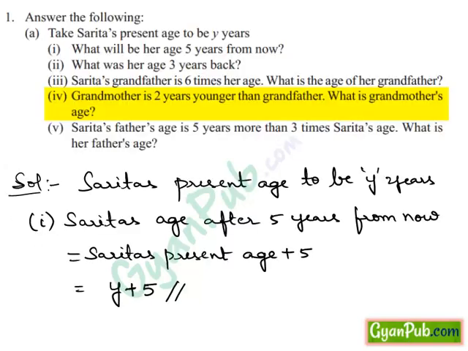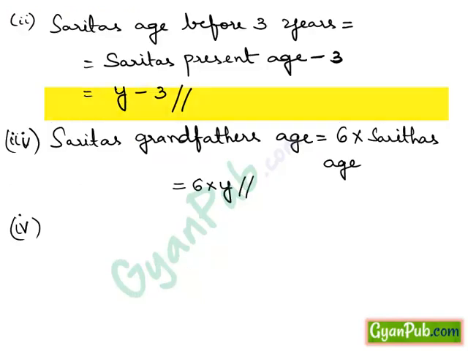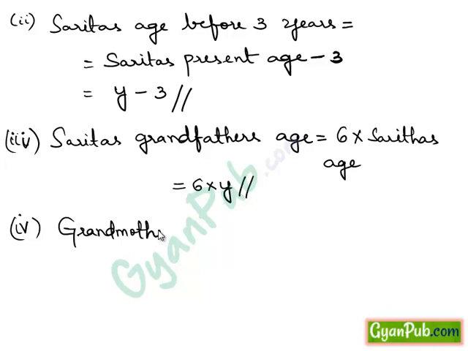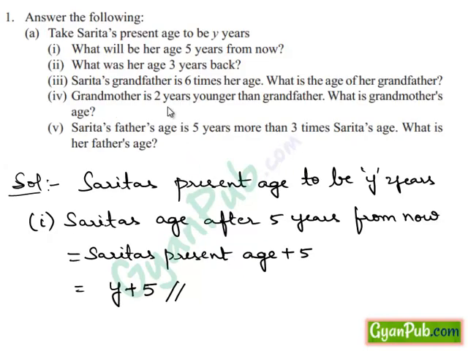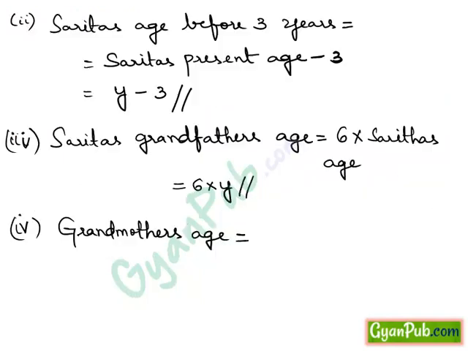Now moving on to the fifth bit. Grandmother is 2 years younger than grandfather. What is grandmother's age? Finding Sarita's grandmother's age: in the question they had given that grandmother's age is 2 years younger than grandfather, so taking that into consideration, it is grandfather's age minus 2.